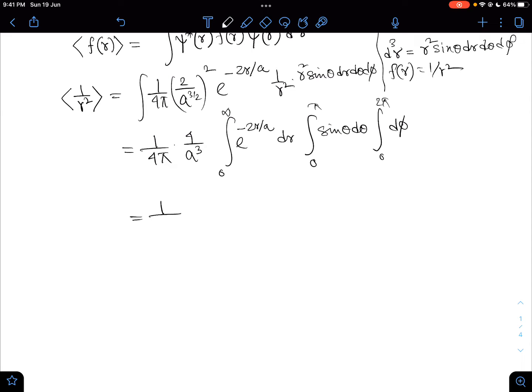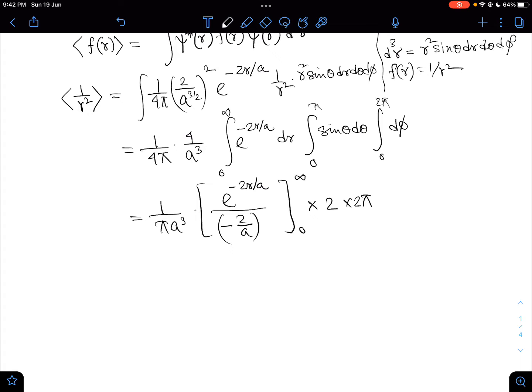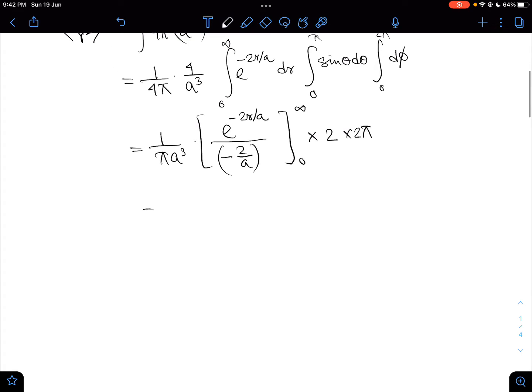We will get 1 by pi a cube, and what will this give? The r integral will give e to the power minus 2r by a with a factor of minus a by 2, limit from 0 to infinity. The theta integral will give us 2, and the phi integral will give us 2 pi, so we have 4 pi. So pi will cancel out.